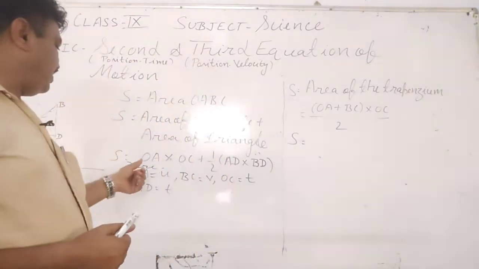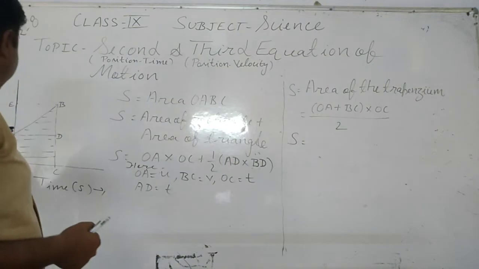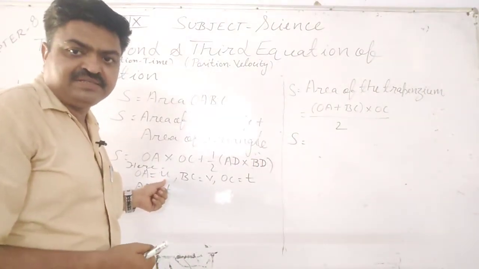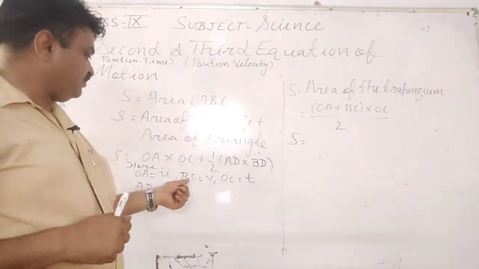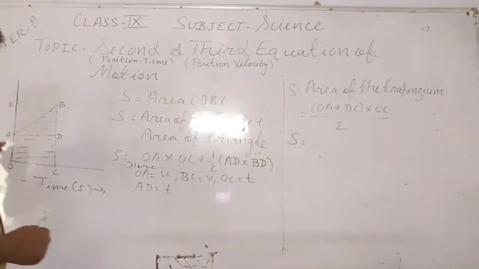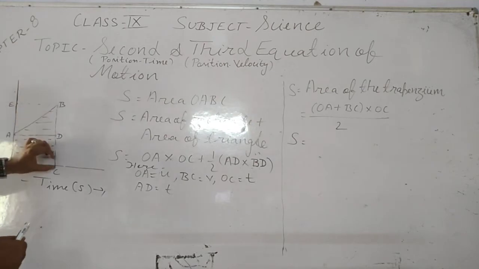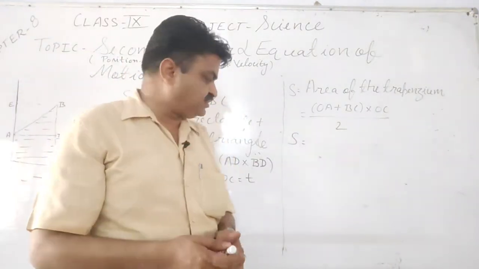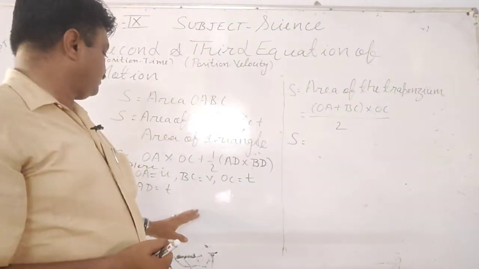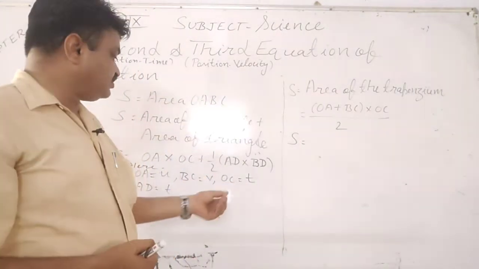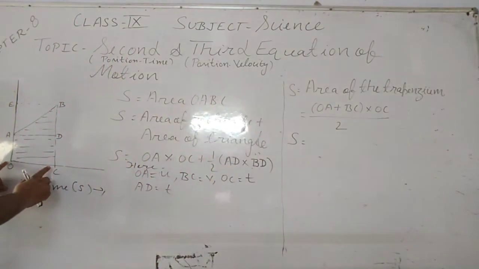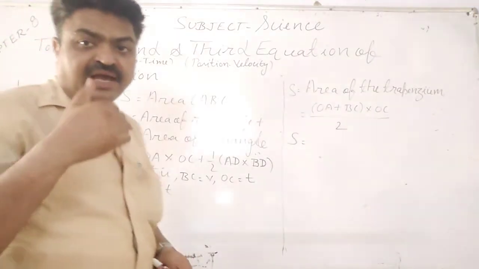OA is representing the initial velocity, that is u. BC is representing the final velocity. OC and AD, both are representing time taken.